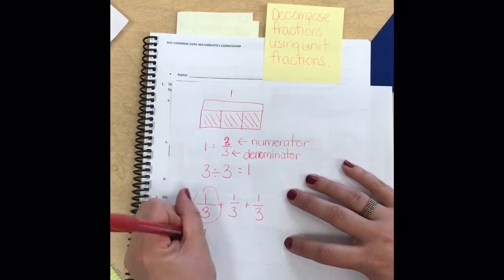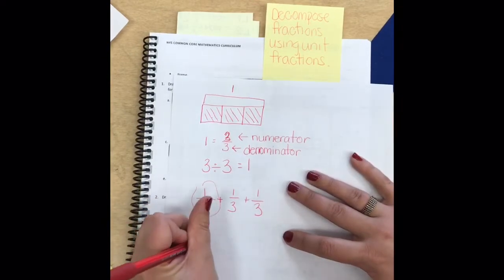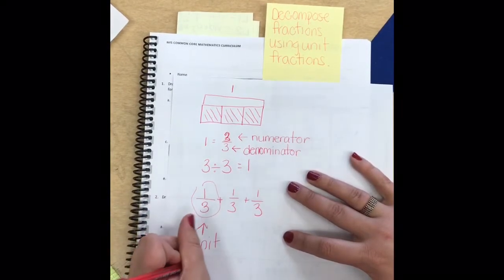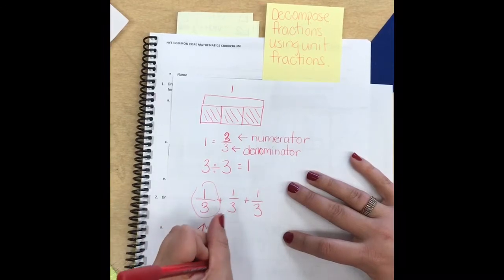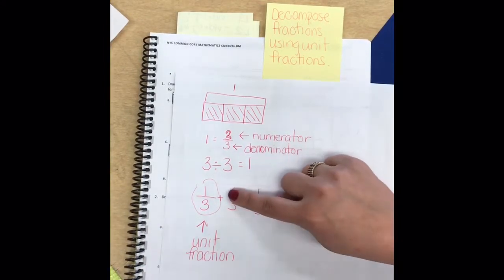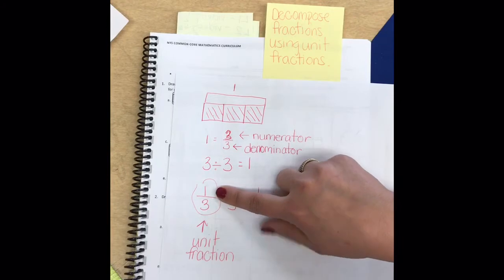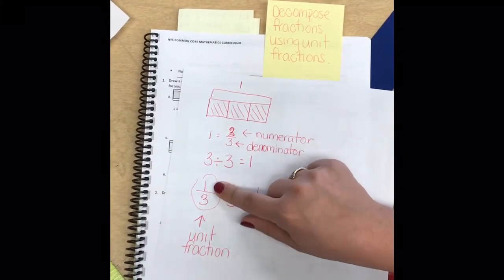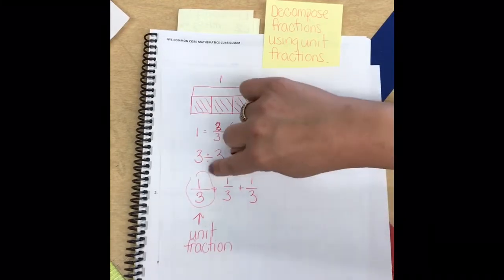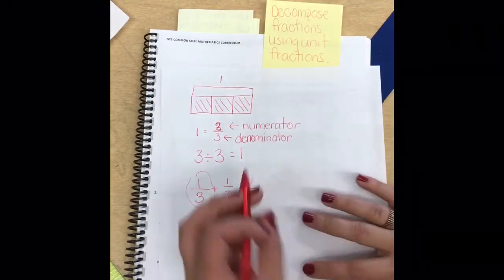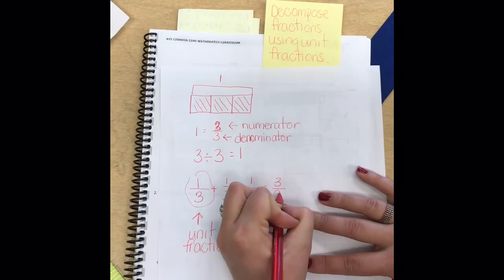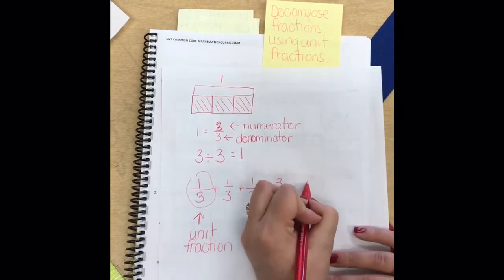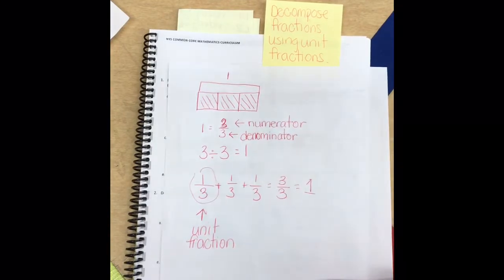These are our unit fractions when the numerator is 1. It's easy to break it up into unit fractions because we like working with the number 1. It definitely makes it easier. And we know 1/3 plus 1/3 plus 1/3 equals 3/3, also known as 1 whole.